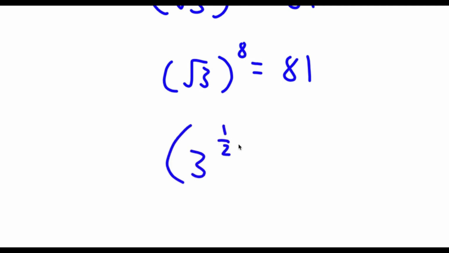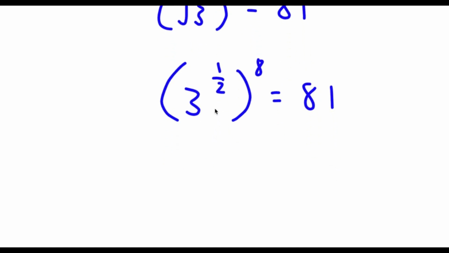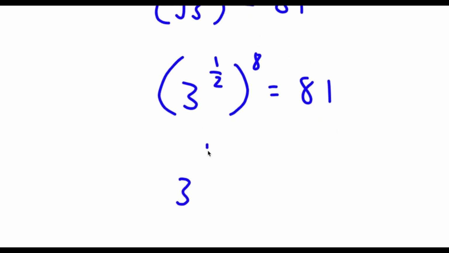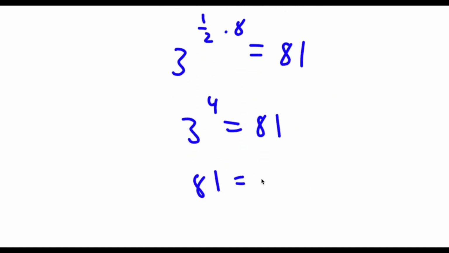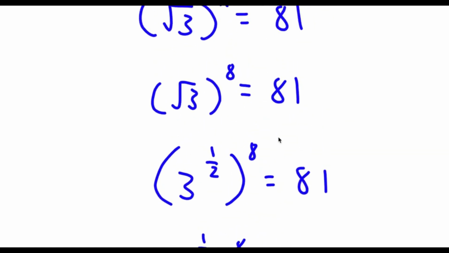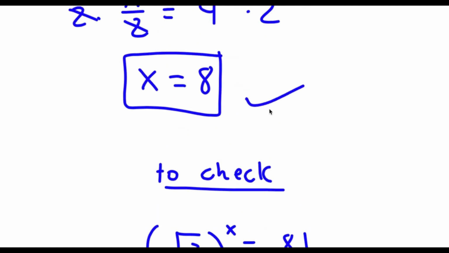So now I have 3 to the power of 1/2, to the power of 8, is equal to 81. Now this is the same thing as 3 to the power of 1/2 times 8 is equal to 81. 8 times 1/2 is 4, so I have 3 to the power of 4 is equal to 81, and 3 to the power of 4 is 81. So I have 81 is equal to 81, and this is right, so my solution is right.